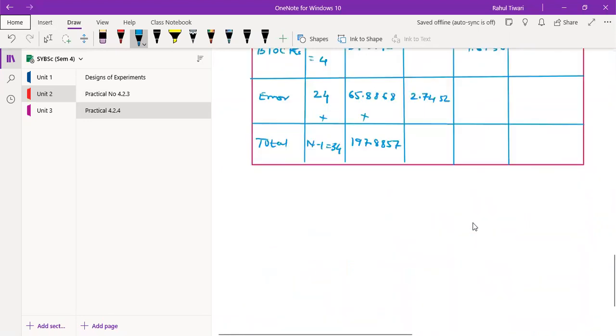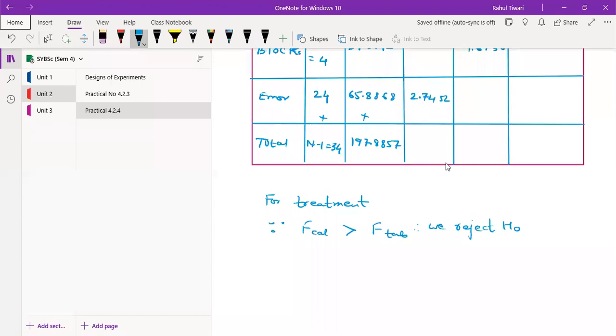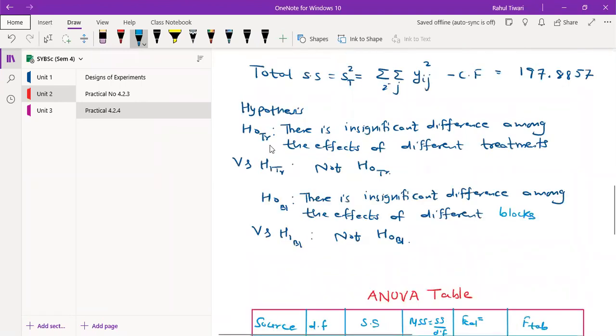So the decision criteria will be, for treatment we will write first. So for treatment, since F calculated will be greater than F tabulated, therefore we reject H naught, and I will simply copy this.